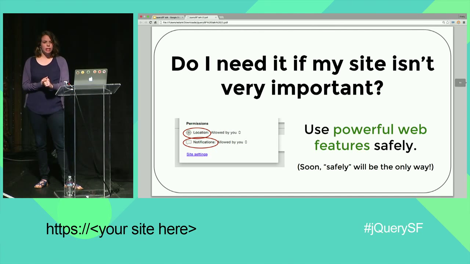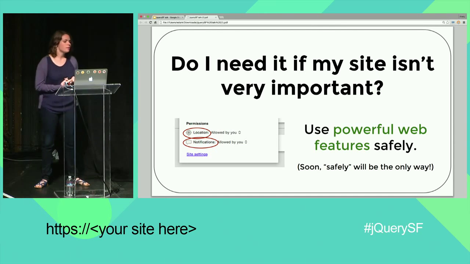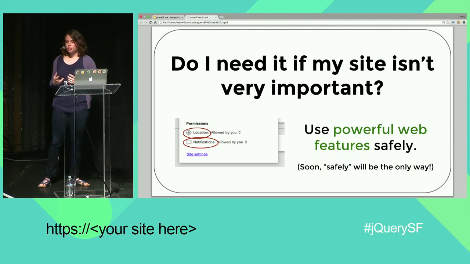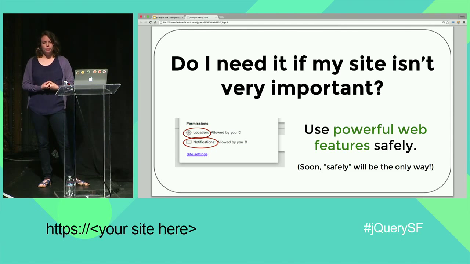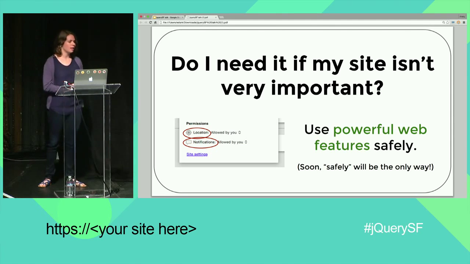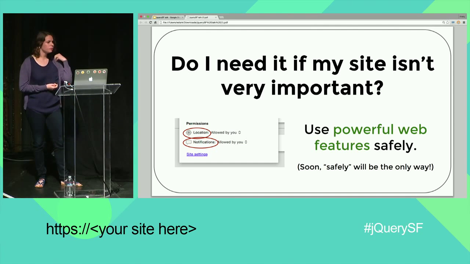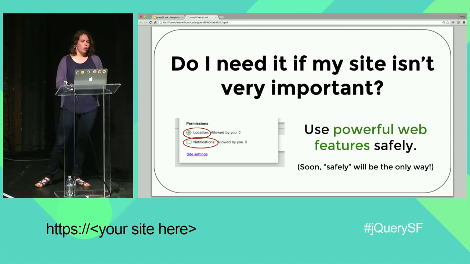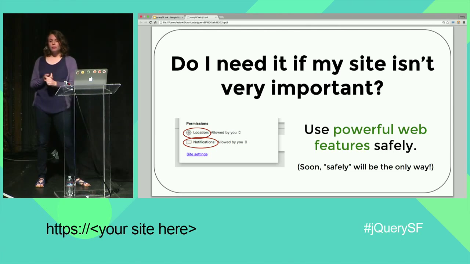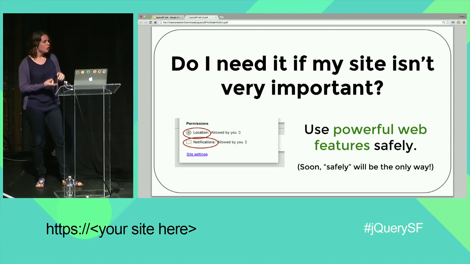It's good for your users. It's good for you as a site operator. It's also the direction that the web is moving as a whole and that browsers are starting to incentivize. I'm going to tell you 2 ways in which this is true. First, there are some shiny, new, powerful web features coming out.